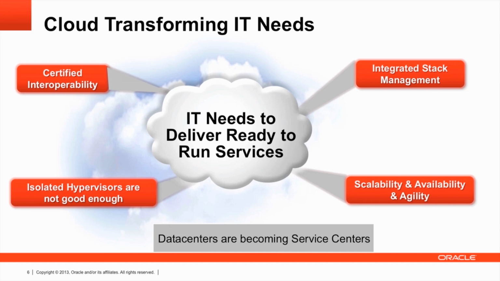And integrated means from the infrastructure all the way up to the application, making sure there's interoperability, and that interoperability is hopefully certified by the vendors so that you as a customer aren't subject to experimentation or delays or issues as you try to access services on a website, for example.